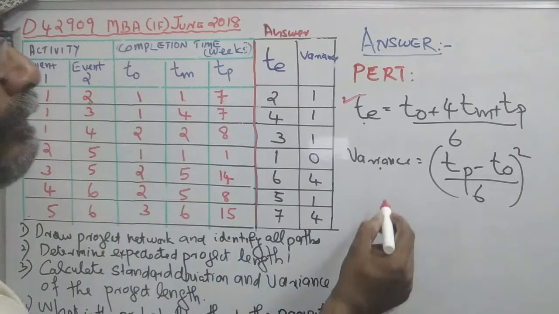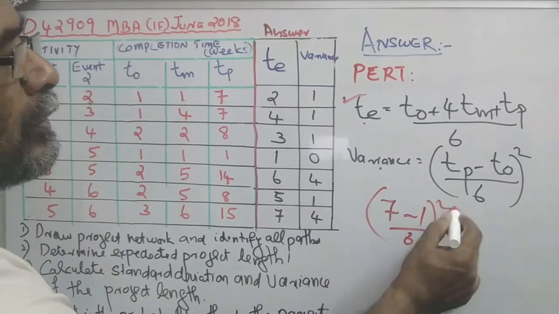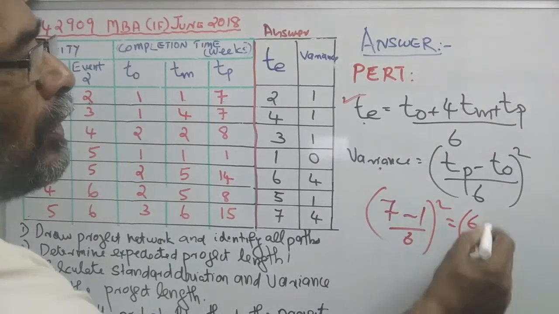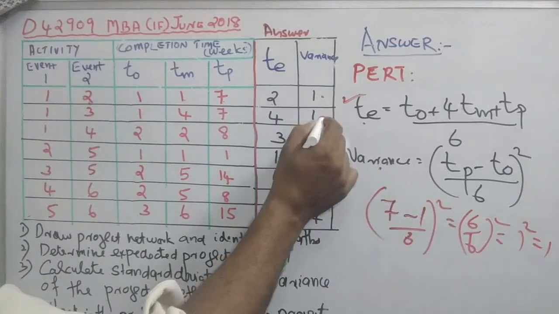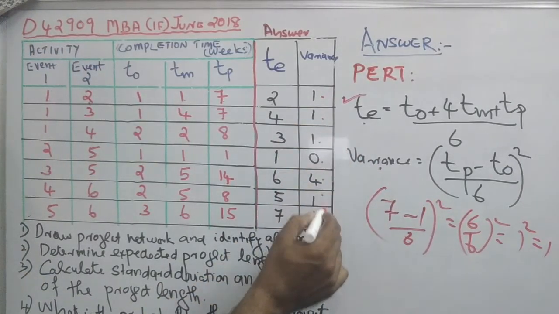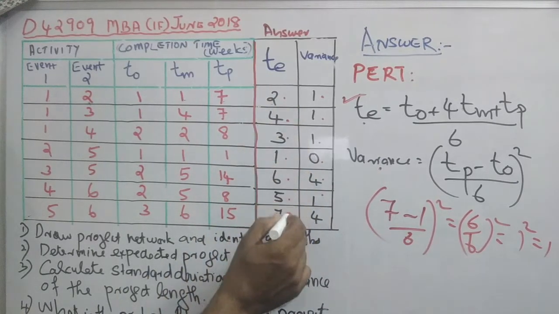For the first case, 7 minus 1 by 6 whole squared, 6 by 6 whole squared, 1 squared equal to 1. That is, for each activity we calculate the variance, and for each activity we calculate the expected time.